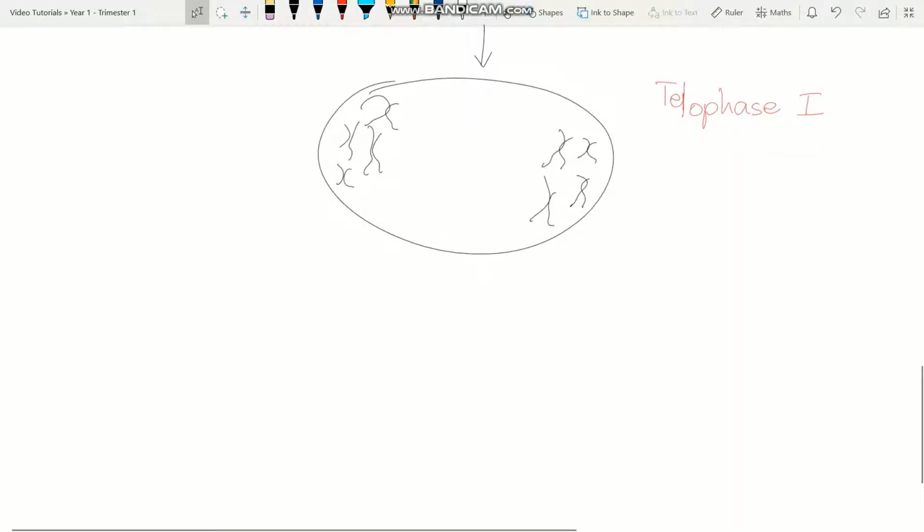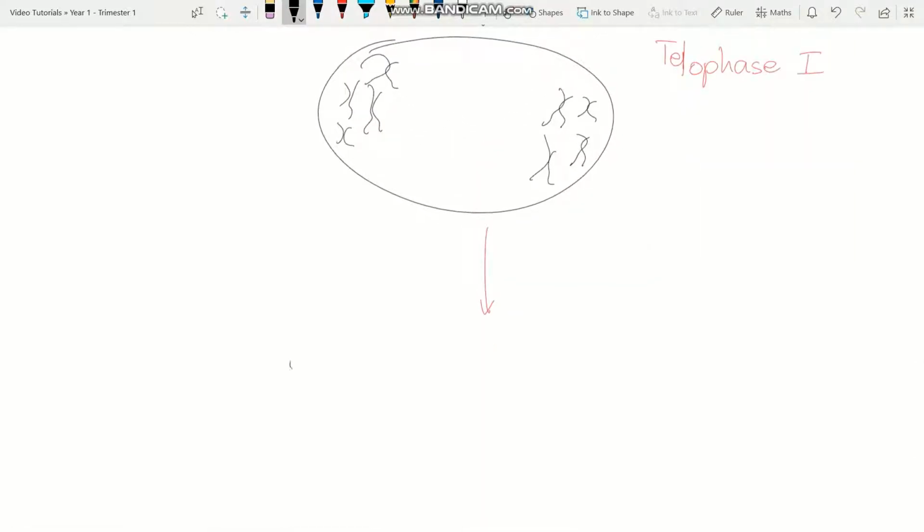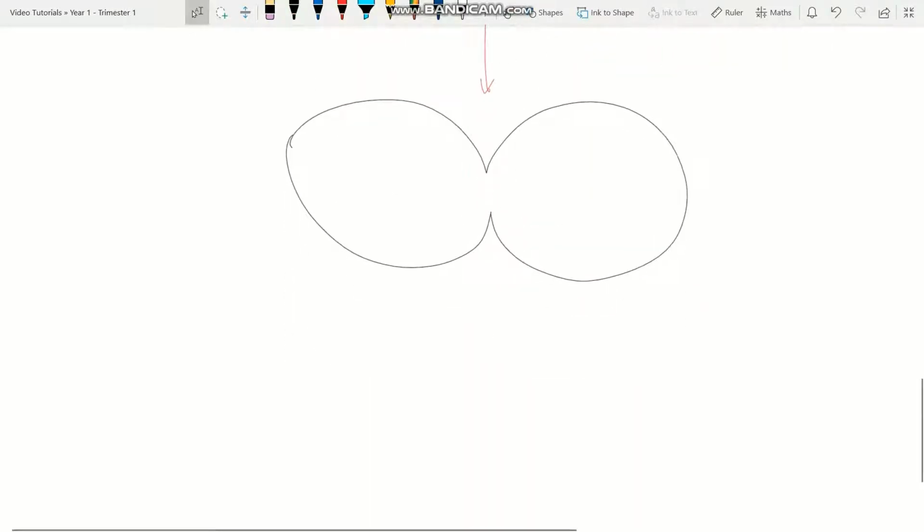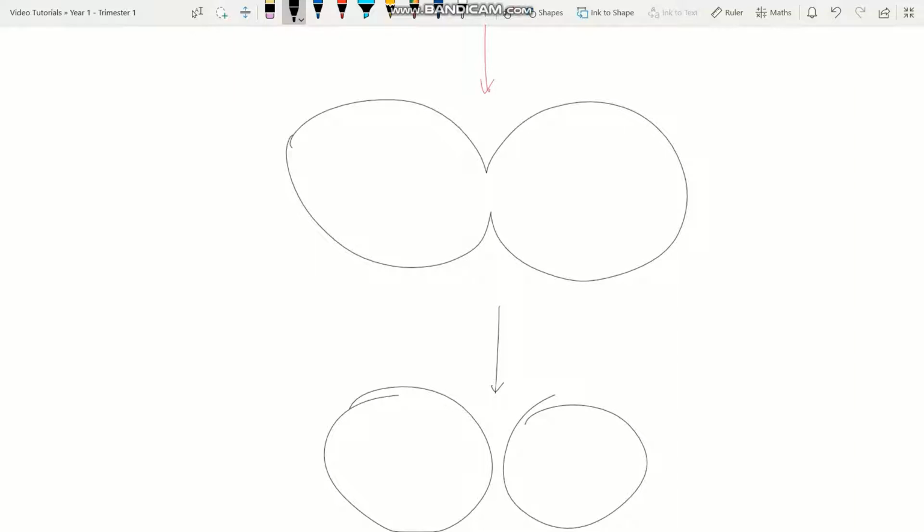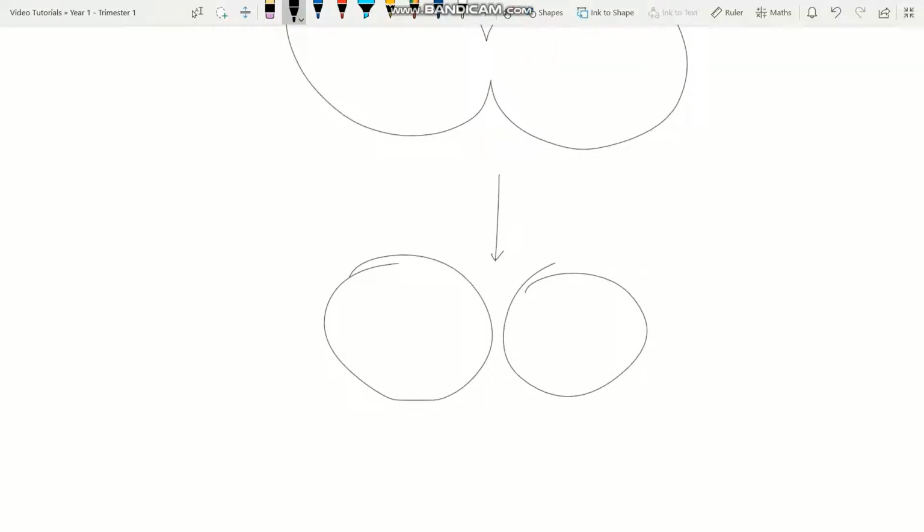And finally, in cytokinesis 1, similar to the process of cytokinesis in mitosis, there's the formation of a cleavage furrow, and eventually the formation of two daughter cells. The unique thing about these daughter cells is that they are both genetically different to the parent cell that once was present, because crossing over has taken place.